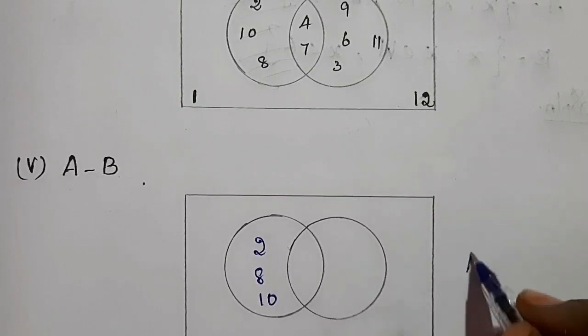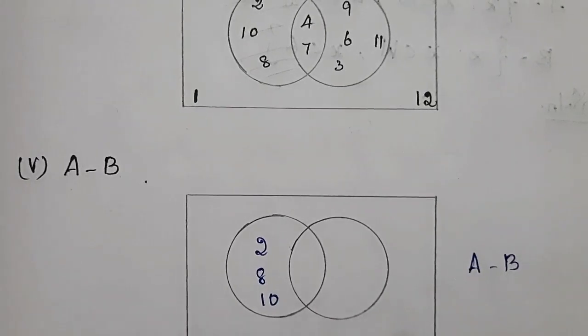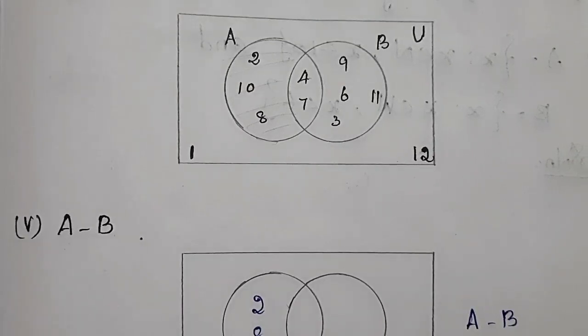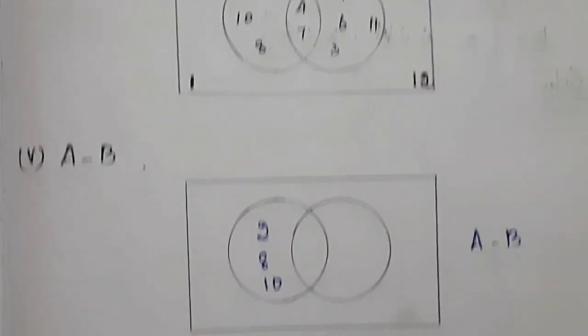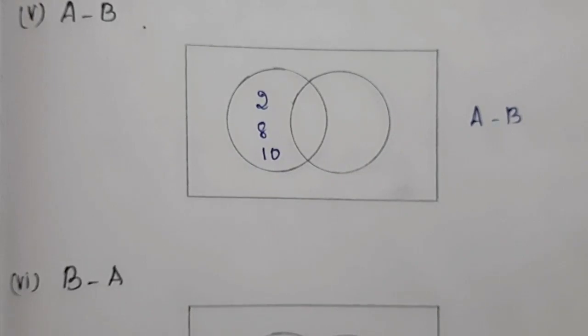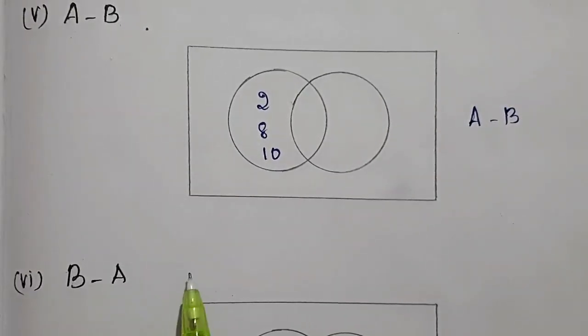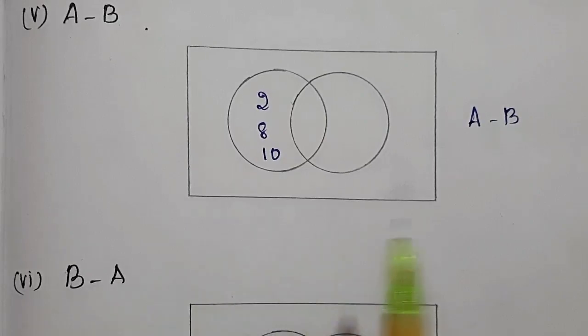This is set A minus B. Next one is B minus A. How can you identify B minus A? B minus A means from set B, remove A. We don't want the A set.